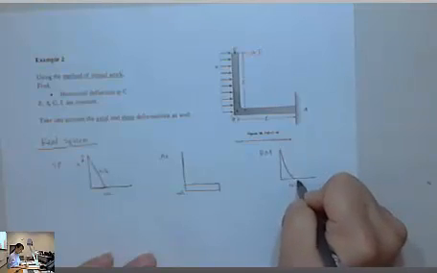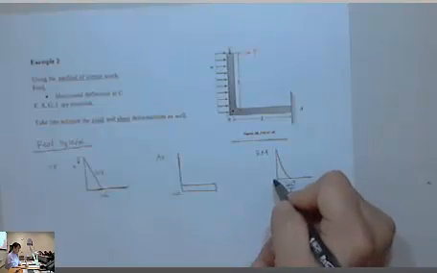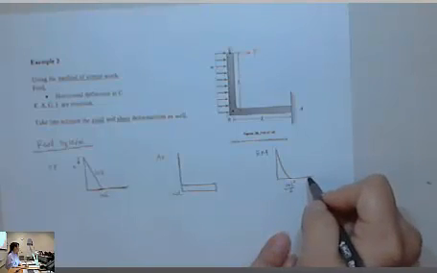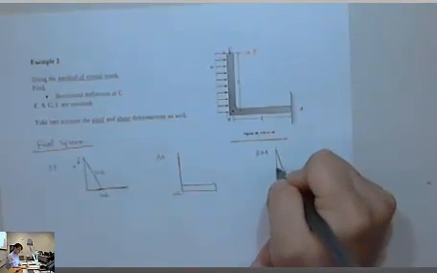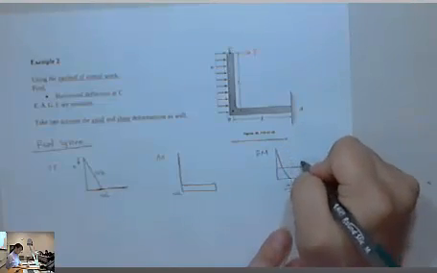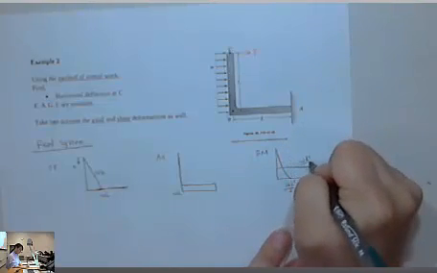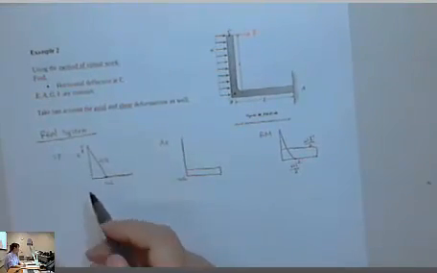That's right. And how about member AB, the horizontal member? What would be the constant? That's right. Okay, so now we have the real system.